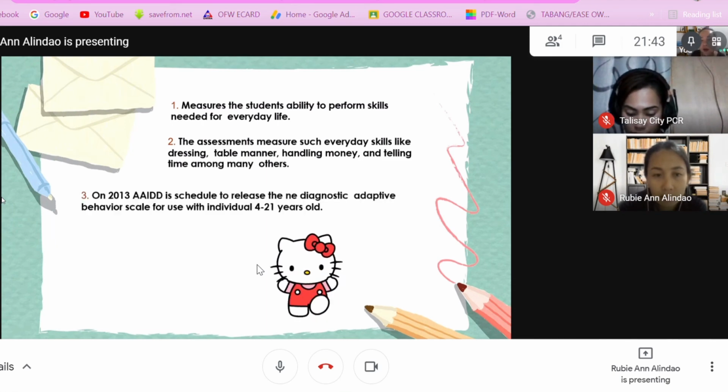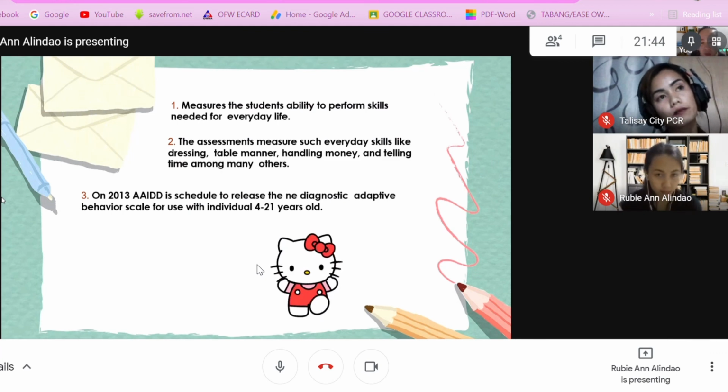Next, in 2013, AAIDD, or the American Association on Intellectual and Developmental Disabilities, is scheduled to release the Diagnostic Adaptive Behavior Scale for use with individuals ages 4 to 21 years old.